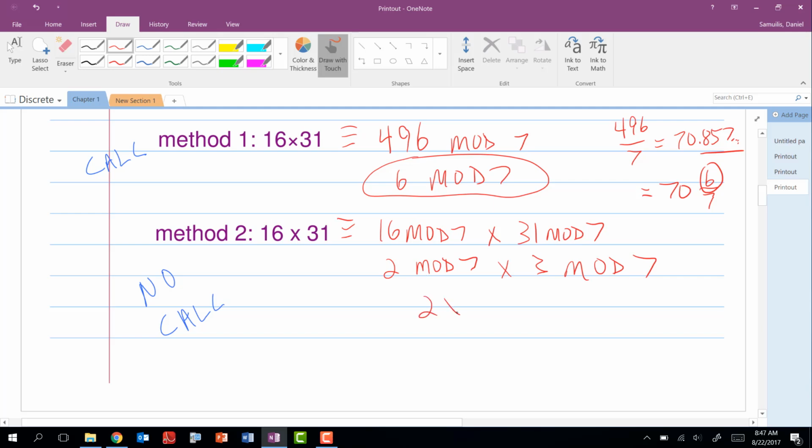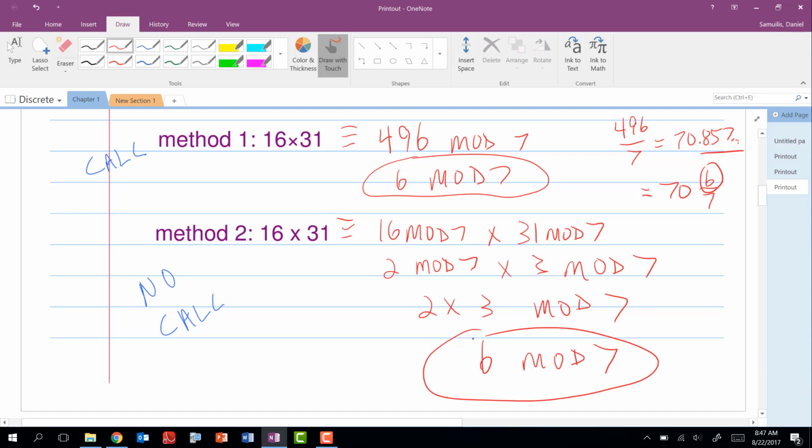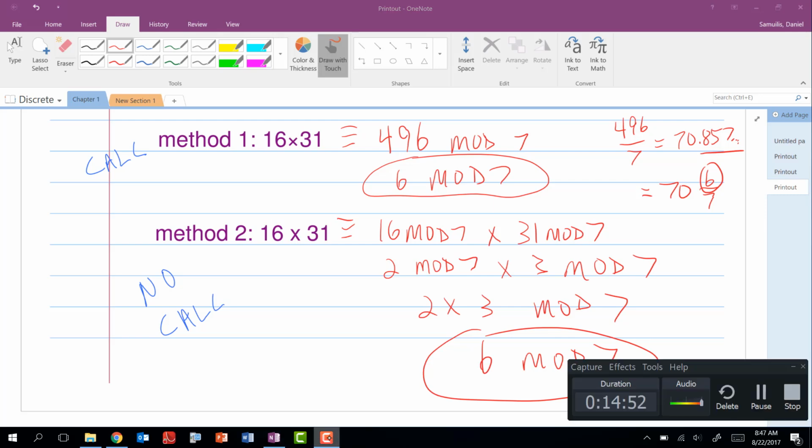This is the same as 2 times 3 mod 7, which is 6 mod 7, the exact same answer you got when you multiplied them out in the first place and then used your calculator. But we didn't need our calculator. Those were small enough that we could analyze those mods without it. So that's the point. Two different ways. One is, I think, a little bit easier because you don't need your calculator and you can analyze them.